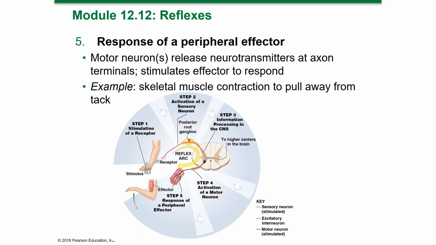This efferent response will then be sent to the effector, in this case, skeletal muscle fibers. The effector can be other things as well, such as various types of glands and an organ in total. But the effector is simply going to be the one that is creating the change, in this case, the contraction of the biceps muscle to remove our hand from the painful stimulus.